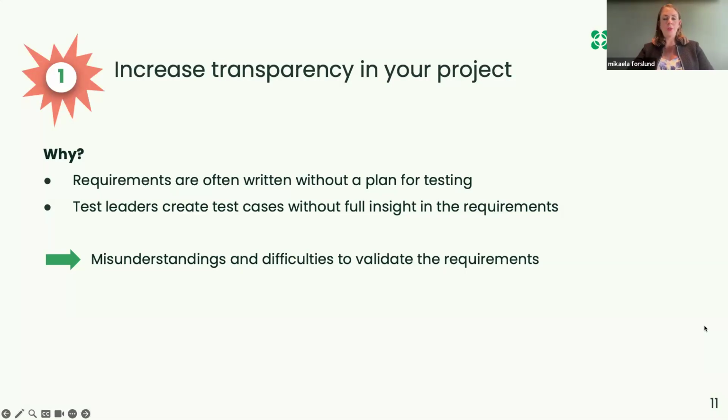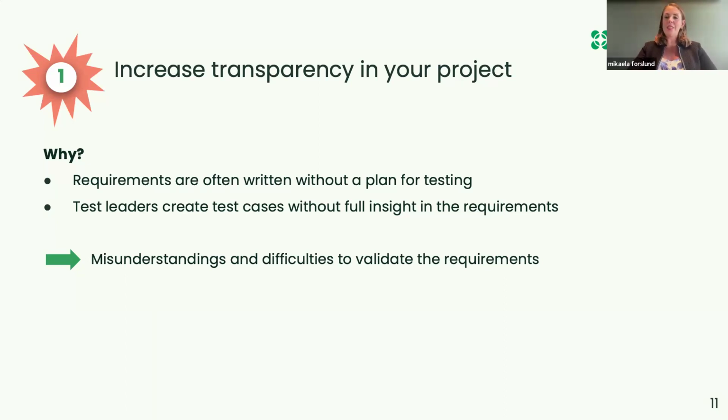Yes, so the first hack of today is how can we increase transparency within our project? A very common challenge is that tests and requirements are often in different systems. You might write your requirements in Jira, for example, and you test in another system. So this means that we write requirements without any idea of how we're going to test them.